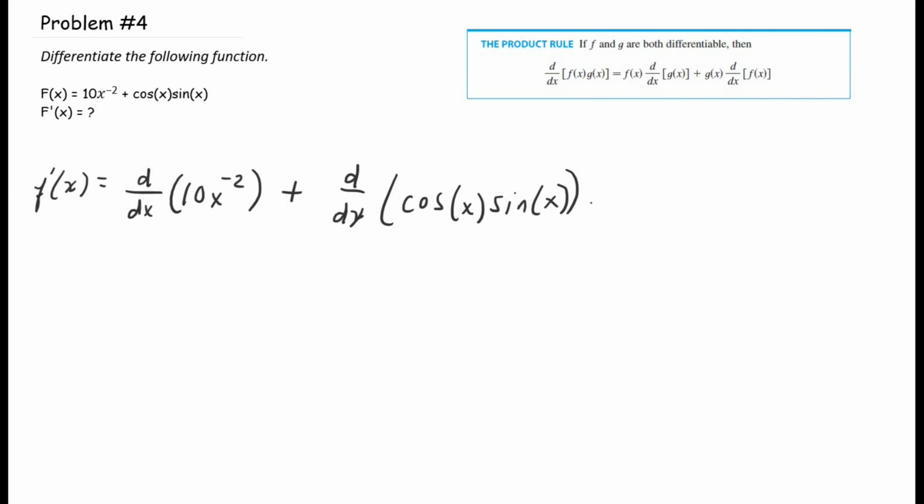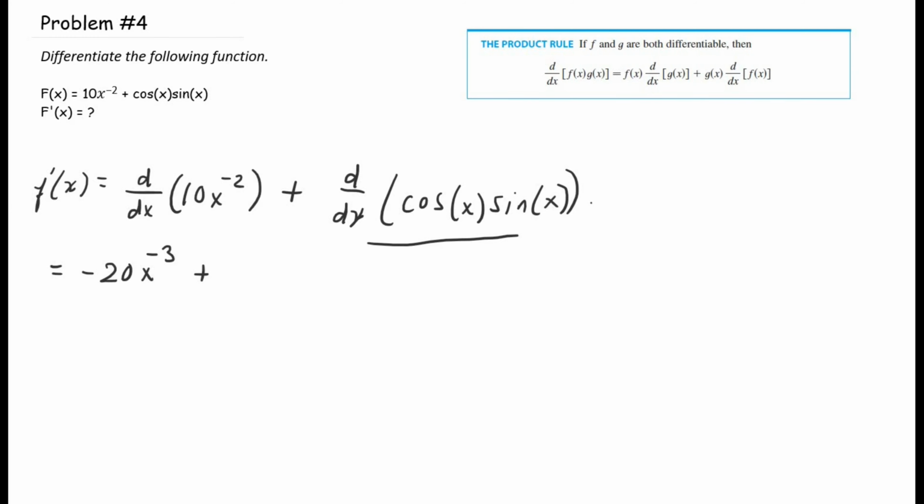So now the derivative of 10x to the minus 2 gives you minus 20x to the minus 3, plus, in this case here, we have to use the product rule because you have two functions, cosine of x and sine of x.